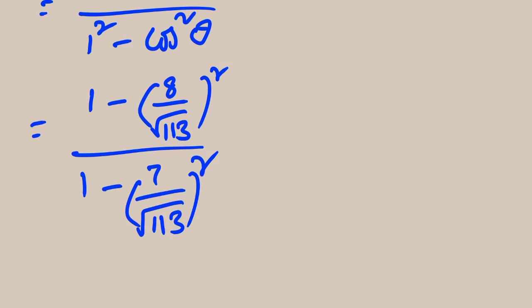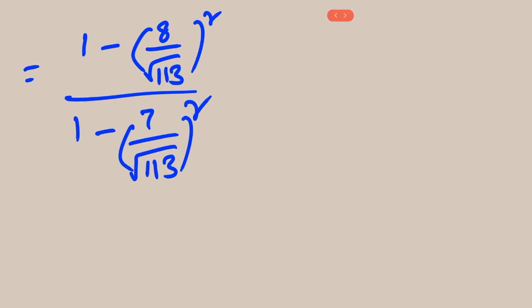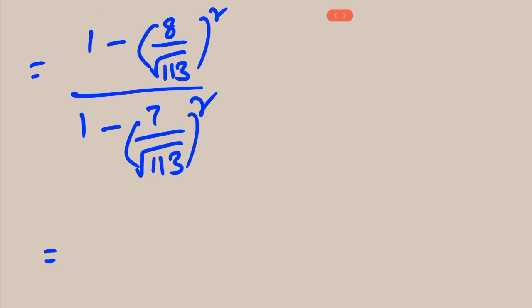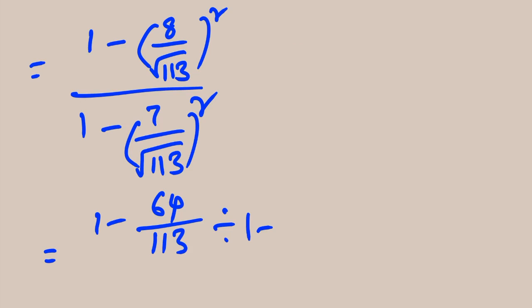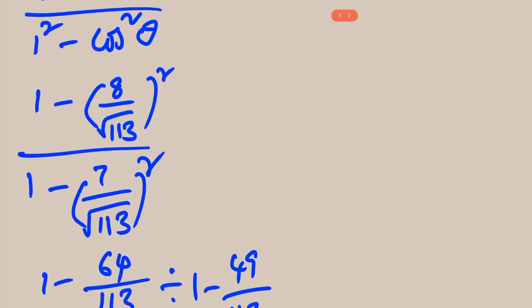After that, to simplify these two: 1 minus 8 8s are 64 by 113, since the square root and square get cancelled, divided by 1 minus 7 sevens are 49 by 113. This is the expression we got here.